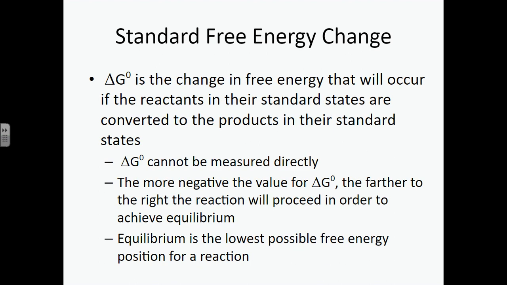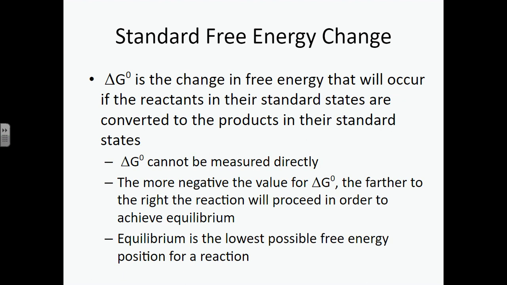And so this is going to be important when we start looking at more calculations that talk about delta G, because what's different about this delta G is that it features that delta G naught, where you have the zero in the superscript. It's the change in free energy that will occur if the reactants in their standard states are converted to the products in their standard states. So their states stay equally the same.